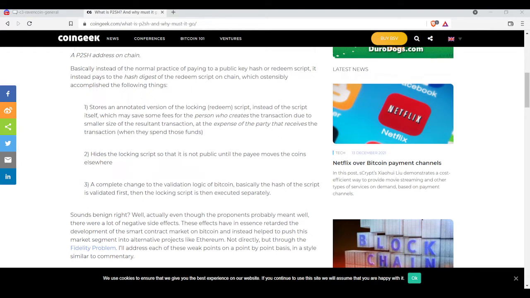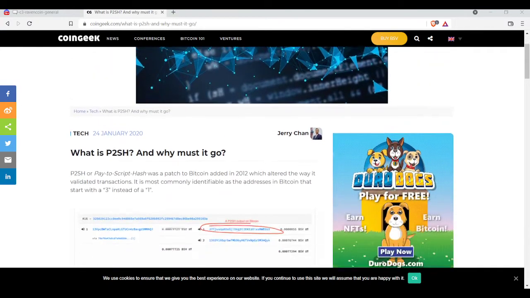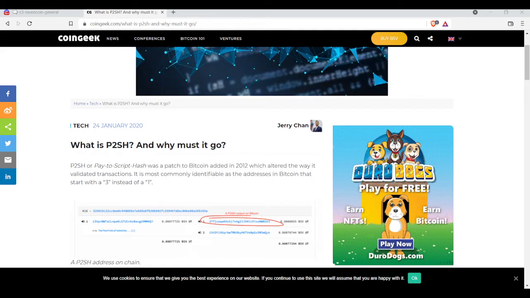First off, I want to get started talking about P2SH. I pulled up a link briefly describing what P2SH is. P2SH, or pay-to-script hash, was a patch to Bitcoin added in 2012. P2SH was first used in Bitcoin.